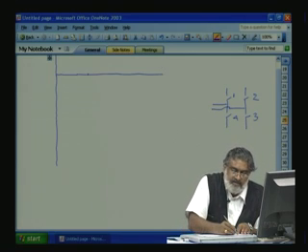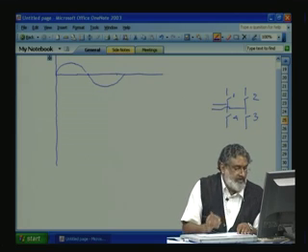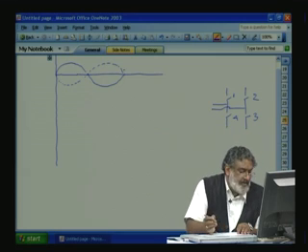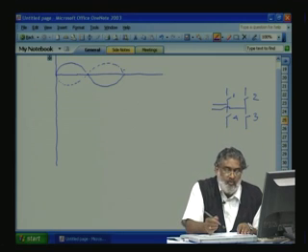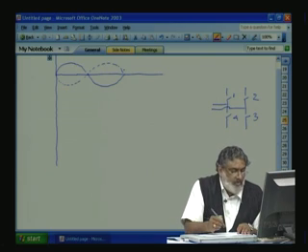This is our reference waveform, stepped down from the mains. This is the negative part. Now, we want EC to be proportional to cos alpha.